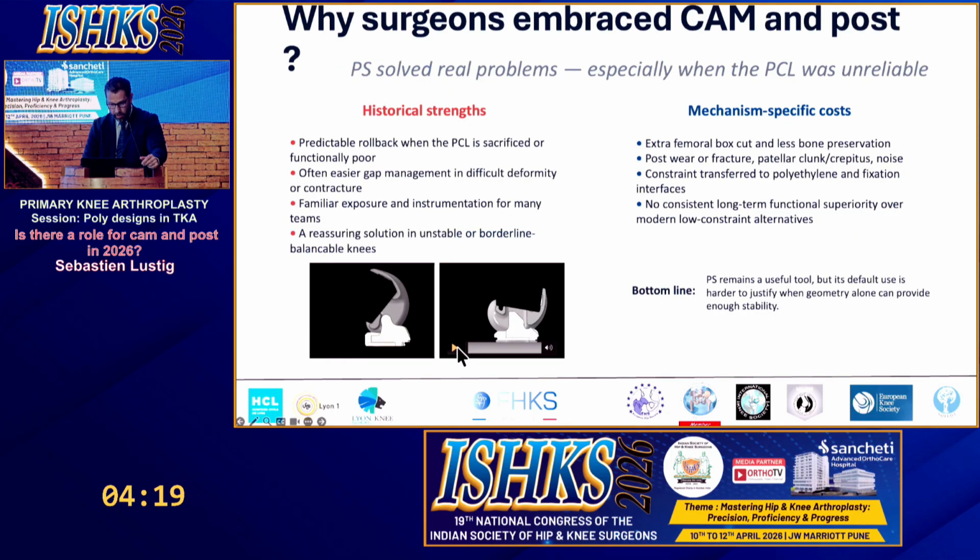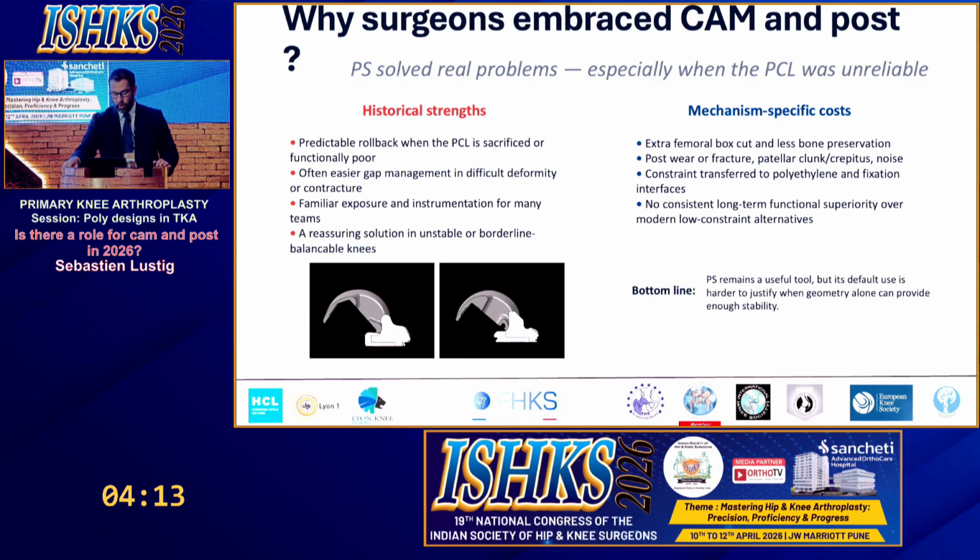Yeah, you can see here how this post-cam is creating the rollback in a very predictable way, and we know that sacrificing the PCL was maybe easier when you're trying to manage gaps in difficult deformity or flexion contracture. The instrumentation was very familiar, so it was easy to use, and it was probably reassuring for most of us, because we knew that even in a simple or complex case, we could use it.